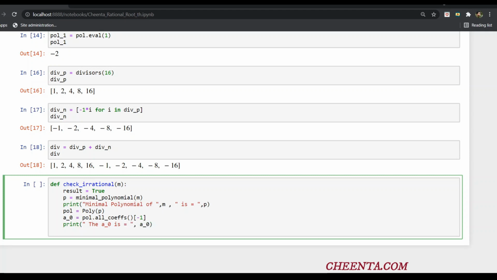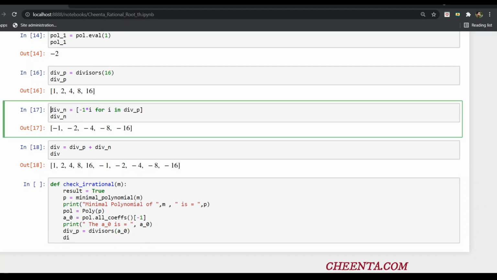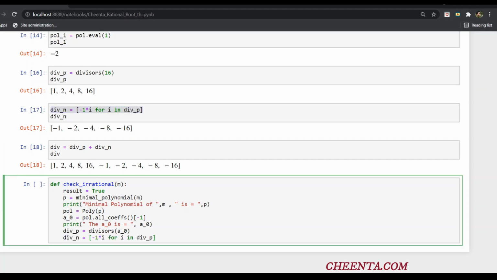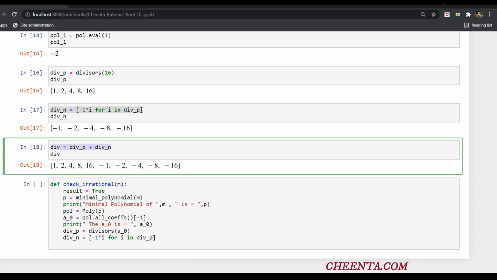Now I will calculate the divisors of a naught. First the positive divisors, so you can find them using the function like I have already shown you guys, and the negative divisors will simply be this particular thing, and then the total divisors is this particular thing.